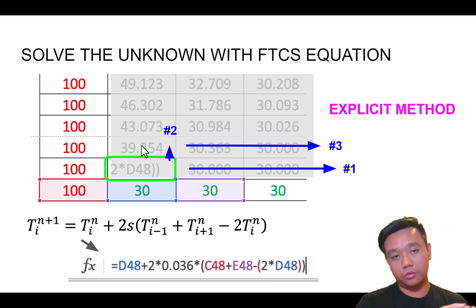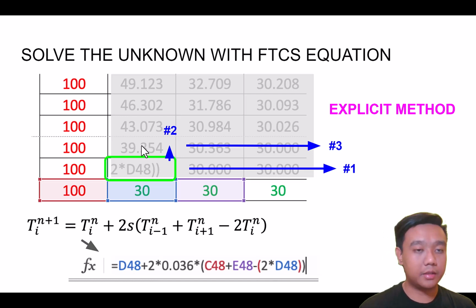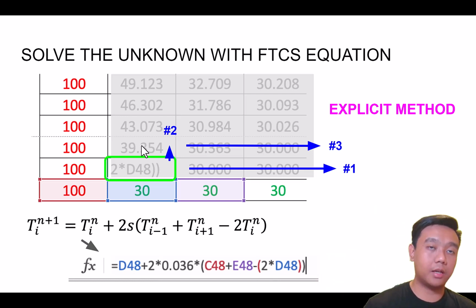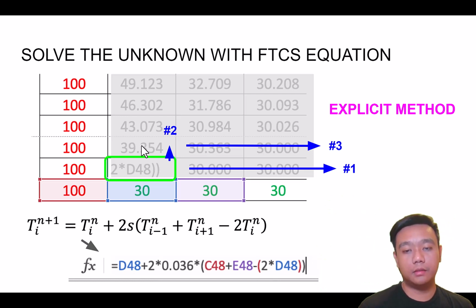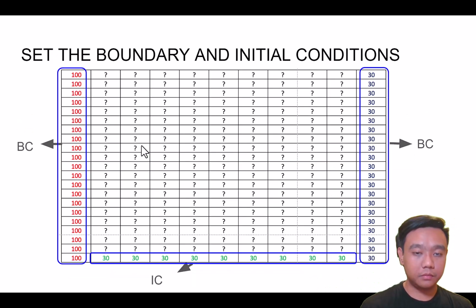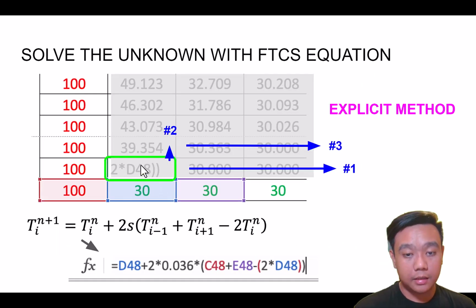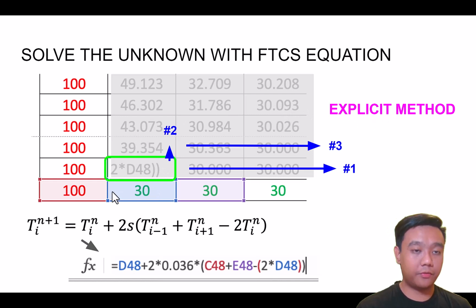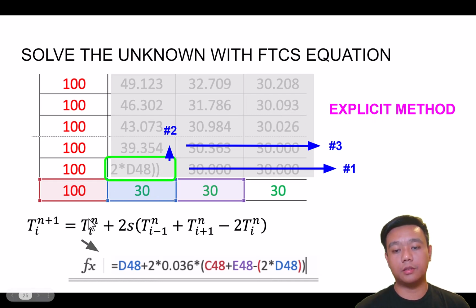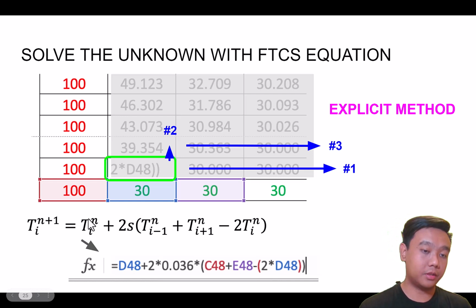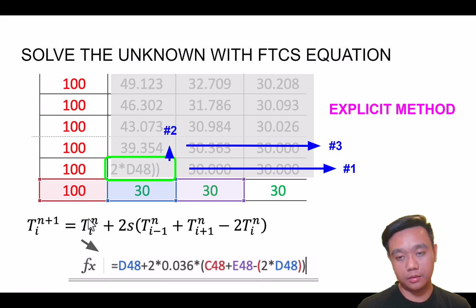And we go to the right direction again, and go up and to the right, and so on, until you get everything here filled with those values. It's called the explicit method because we just use the previous result to get the new result, n plus 1.